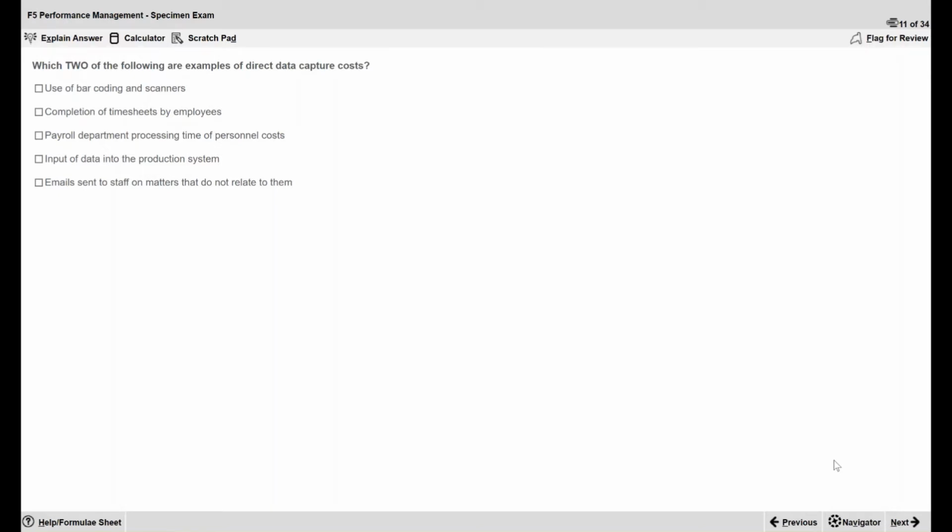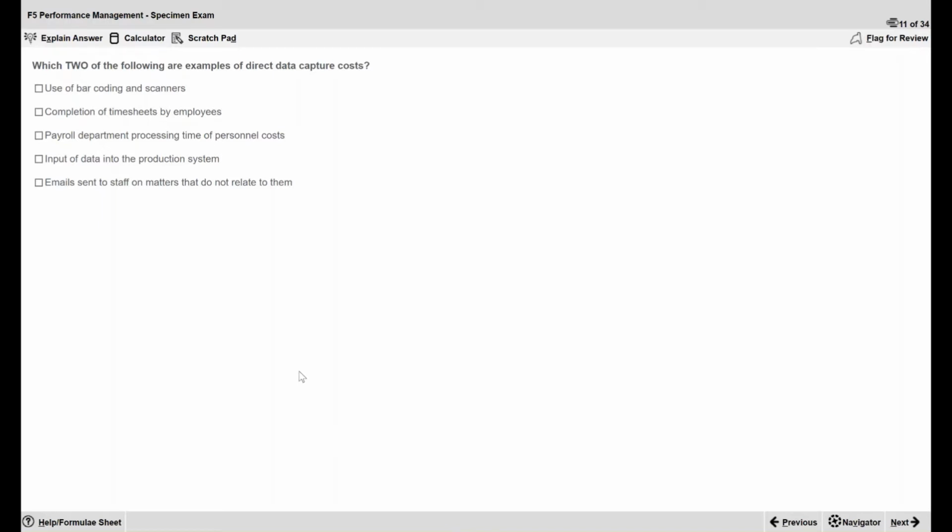So use of barcode scanners, completion of timesheets by employees, payroll department processing time of personnel costs. Obviously this will not be the answer because it's not capturing. Input of data into the production system, emails sent to staff on matters that do not relate to them.